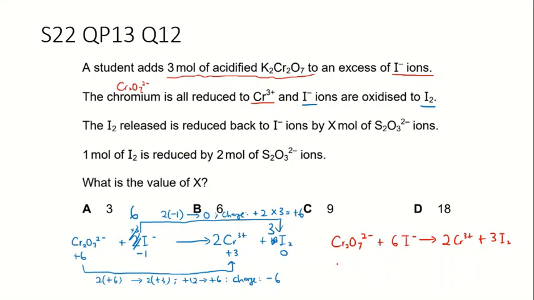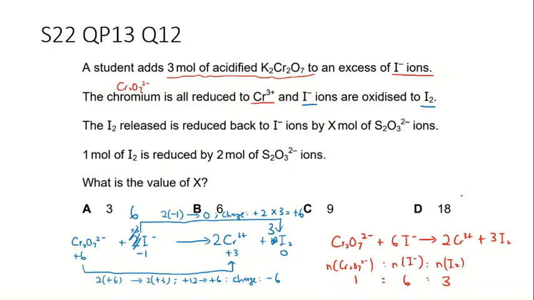Now from this equation, I can see that the number of moles of Cr2O7 2-, the dichromate ions, to the number of moles of I- iodide, to the number of moles of iodine, the ratio will be 1 to 6 to 3.